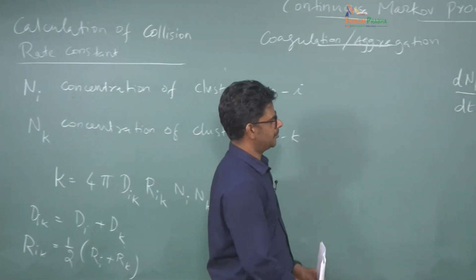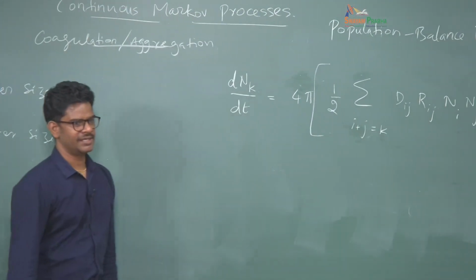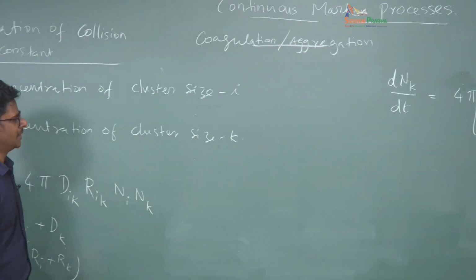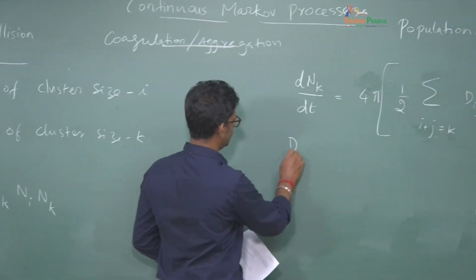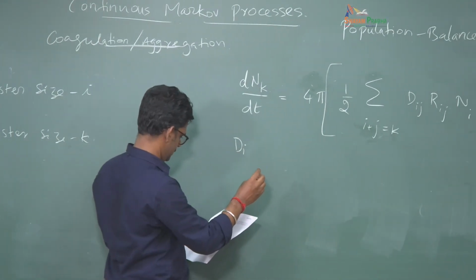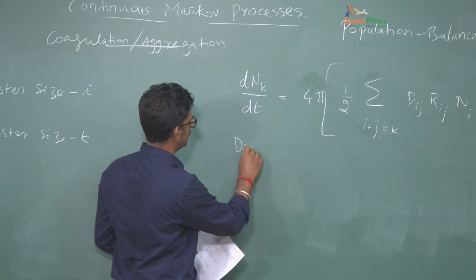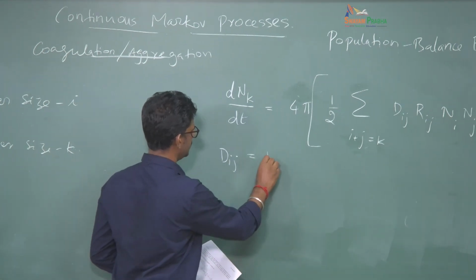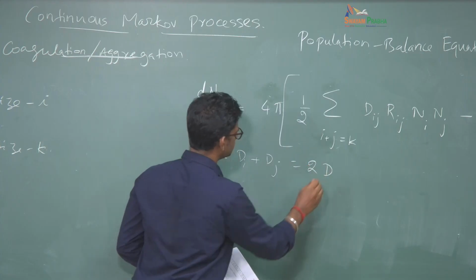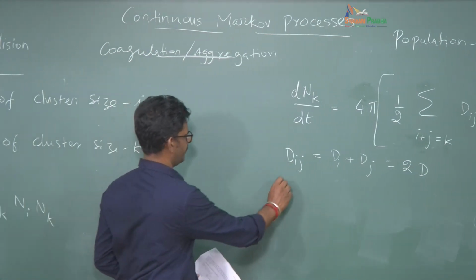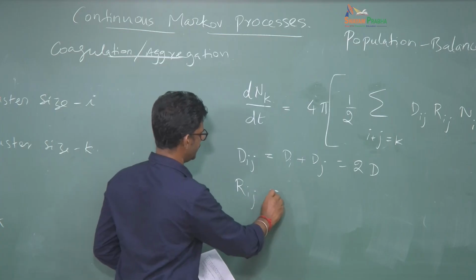Now if you want to solve this analytically, we need to make some assumptions. We will say that dij, which is di plus dj, is simply 2d, and rij as r.